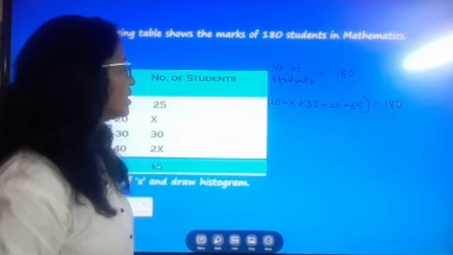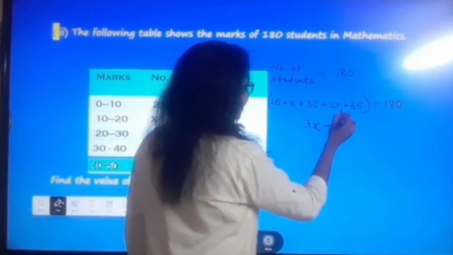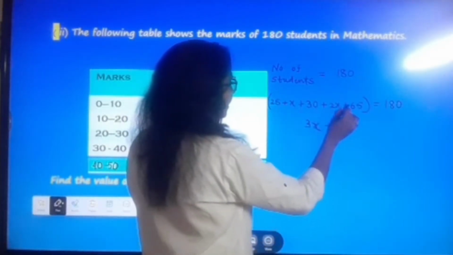So now the addition of x plus 2x is 3x, plus 25, 30 and 65.